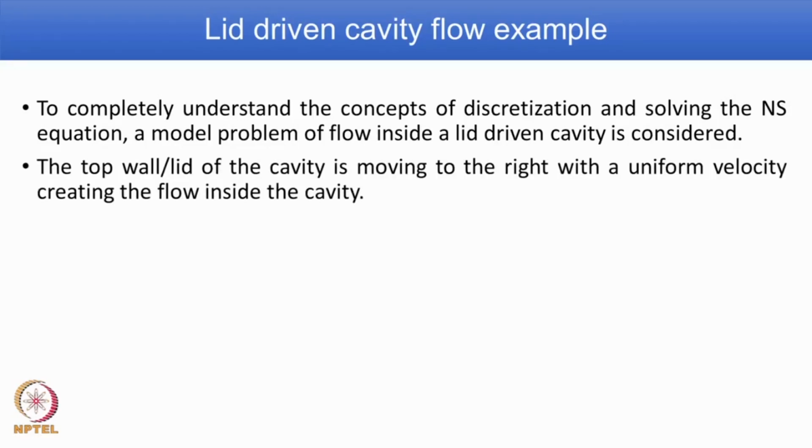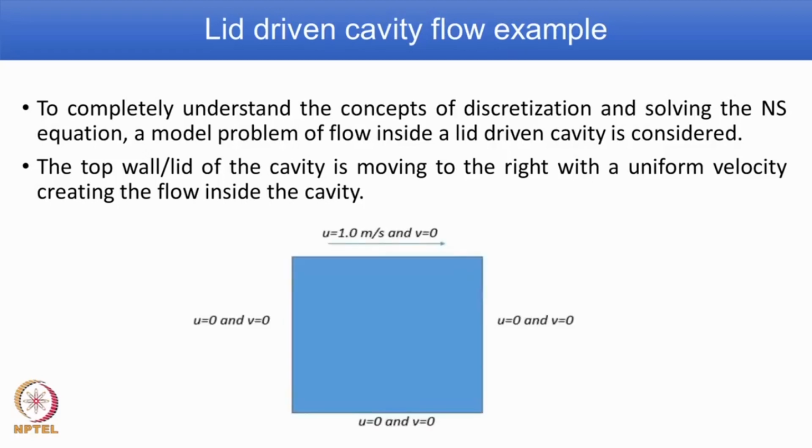As I explained in the previous slide, for this problem the top wall, in other words the lid of the cavity, is moving to the right with a specific uniform velocity and thus creates flow inside the cavity as shown here. So, u equal to 1 meter per second is a specific velocity given and the lid is moving from left to right.